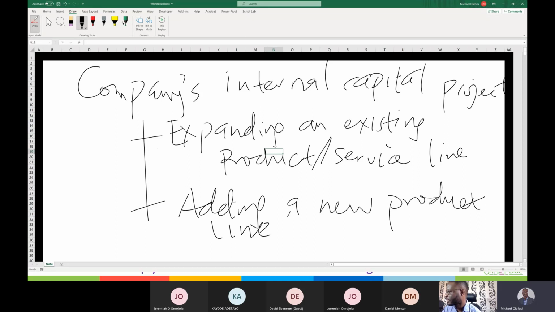And for some companies, it can even be as big as creating a new subsidiary. So these are the types of internal projects that, in quotes, are classified as internal capital projects.